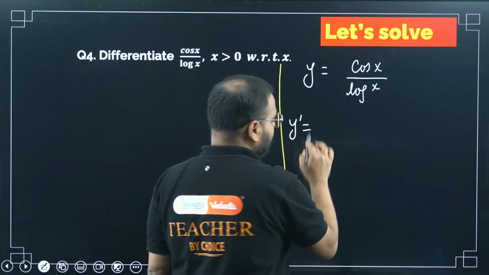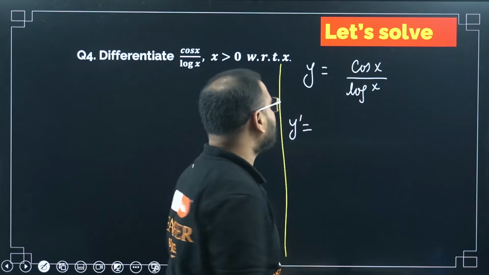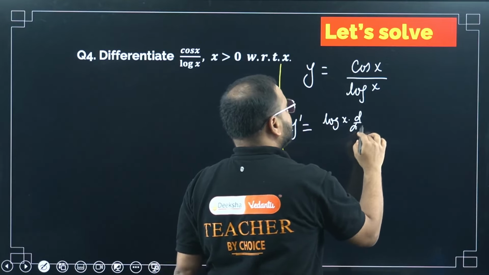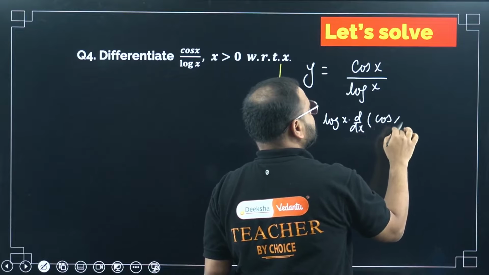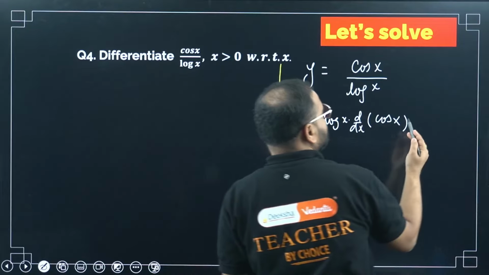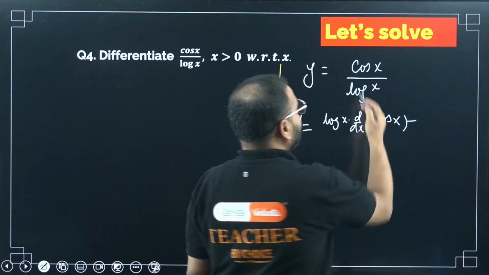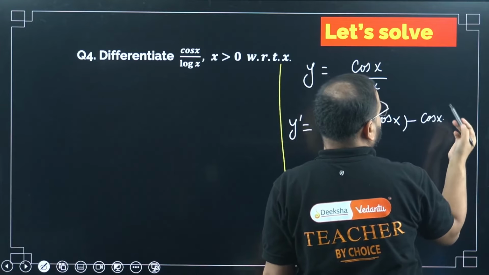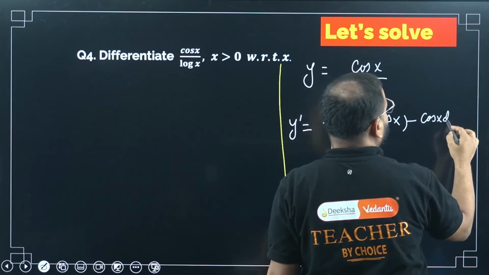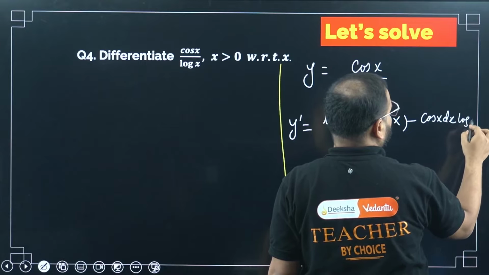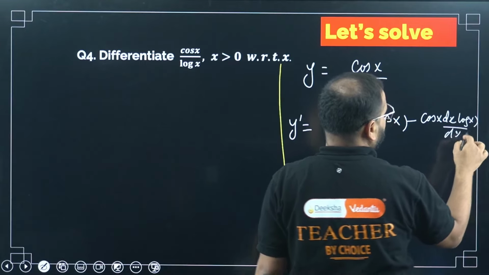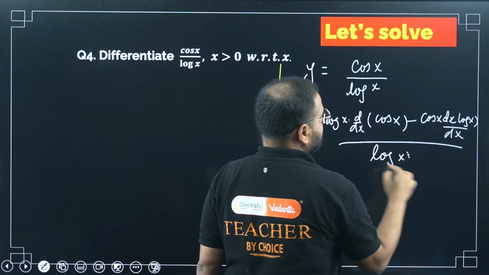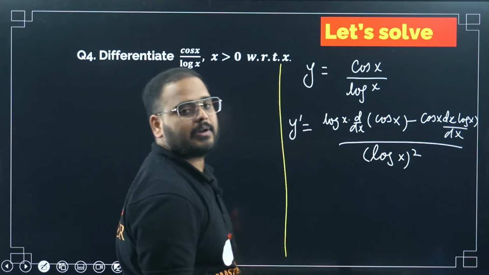Y dash is given by: first, write log x as it is, times the differentiation of the first one, d by dx of cos x, then a minus sign, then keep the cos x as it is, times the differentiation of log x, and the whole thing divided by the denominator function log x, the whole square.